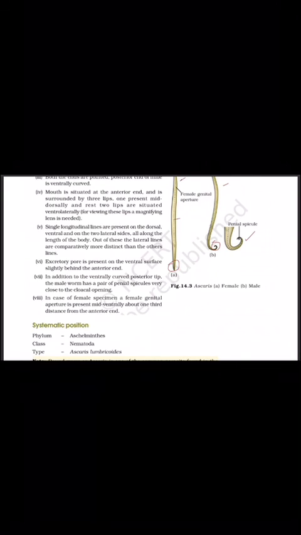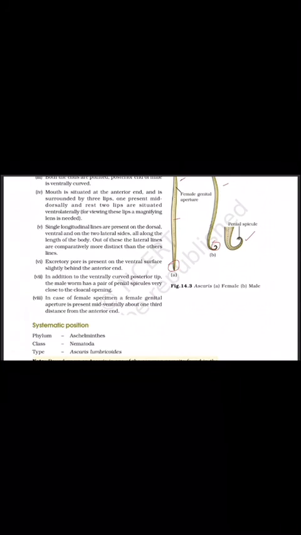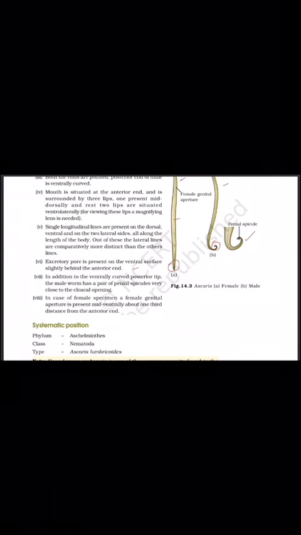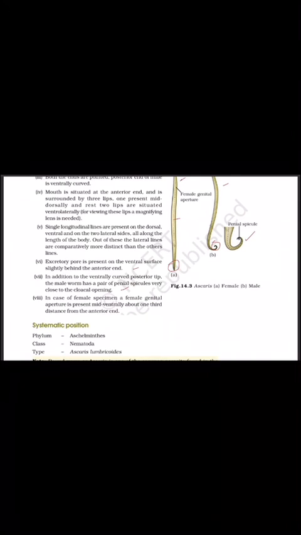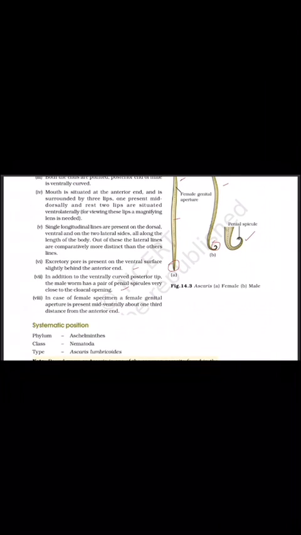You can see the vertical lines. Excretory pore is present on the ventral surface, slightly behind the anterior end. In addition to the ventrally curved posterior tip, the male worm has a pair of penial spicules very close to the cloacal opening. In case of a female specimen, a female genital aperture is present mid-ventrally, about 1/3 distance from the anterior end.